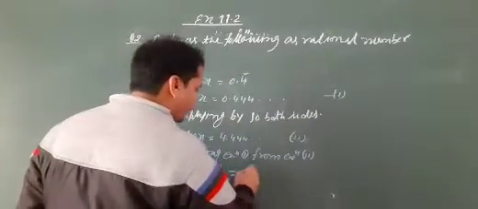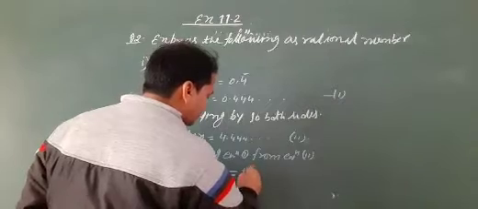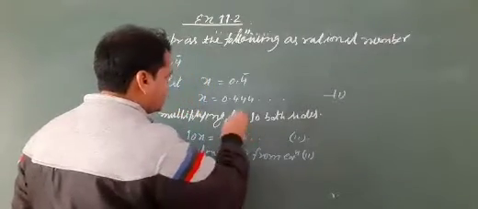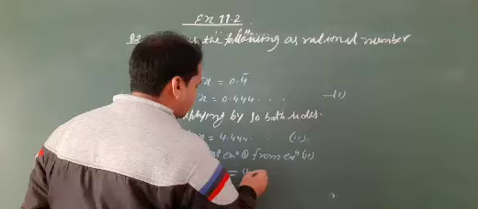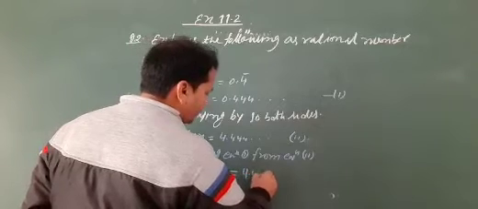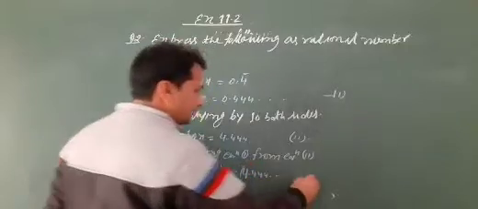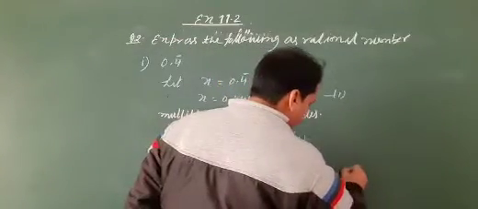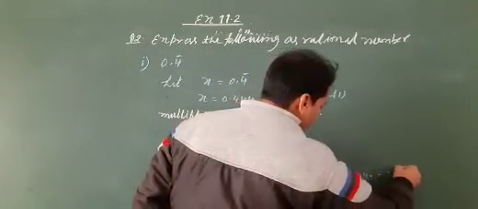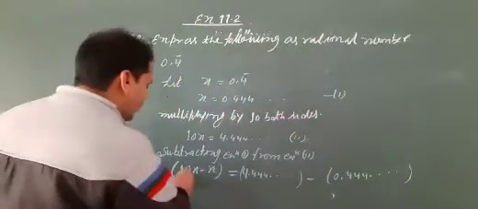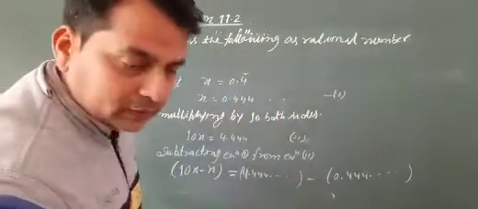Then 4.44 repeating minus 0.44 repeating. Then 10x minus x equal to 9x.